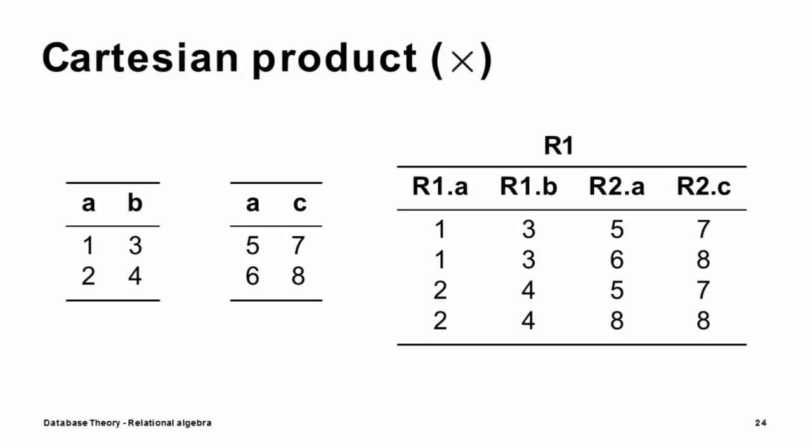So let's assume we have those two. Let's call them tables. We have the table to the left, which contains the columns A and B, and to the right we have the columns A and C. And if we put the Cartesian product to work here, it will make all the combinations that it actually can find between those two relations.